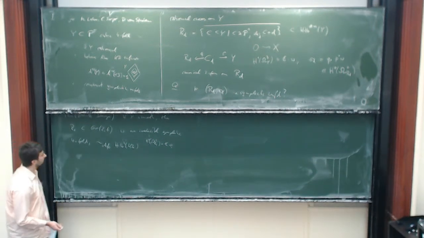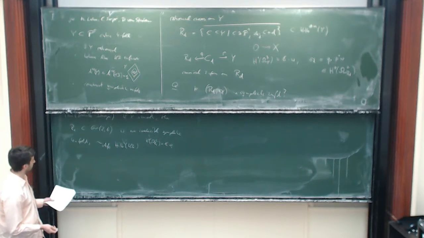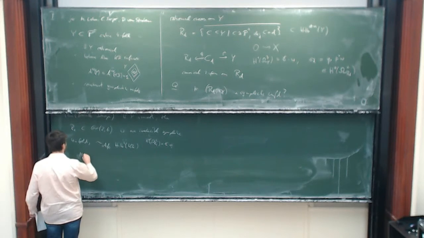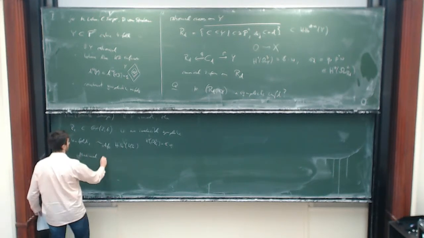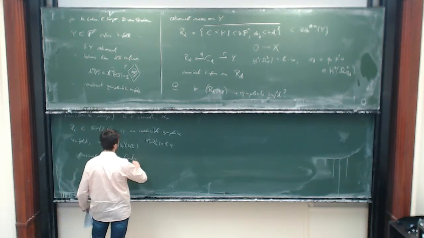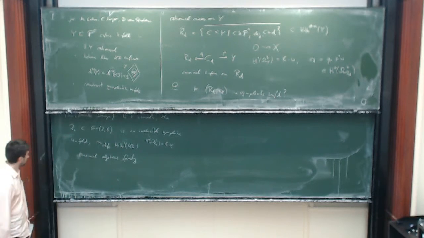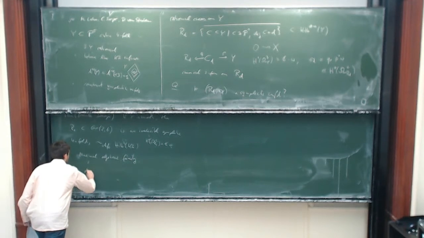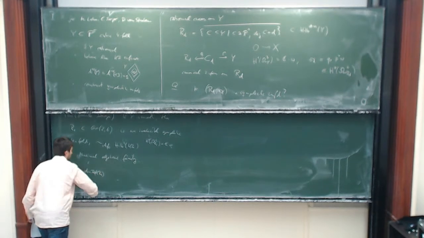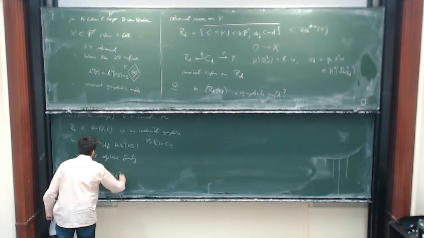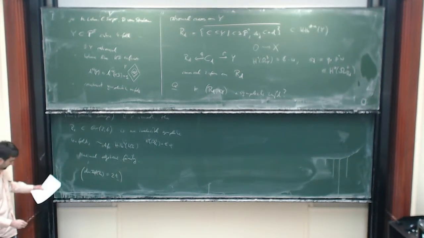So these are deformation equivalent to the Hilbert scheme, and they come in a maximal algebraic family. Maximal means that the dimension of the deformation space of R_1 is equal to 21, because it's a Hilbert scheme.